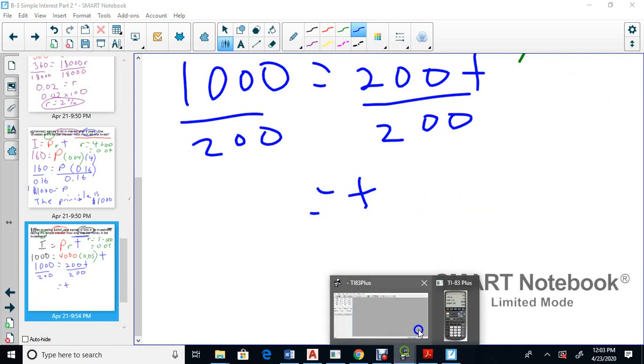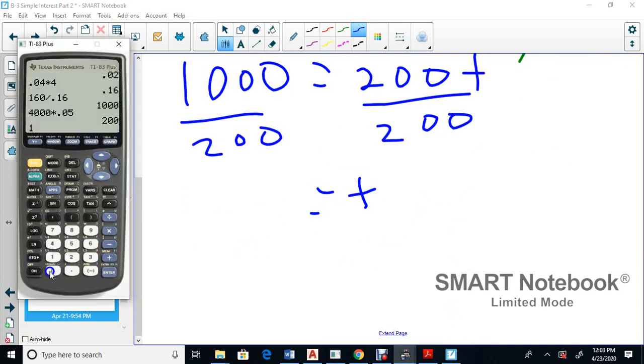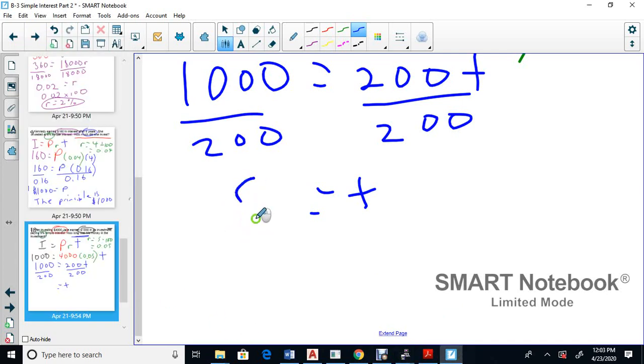There's no problem using the calculator. 1,000 divided by 200 is 5 years. Wow, Jase made that money in 5 years. That's pretty good. Therefore, it was invested for 5 years.